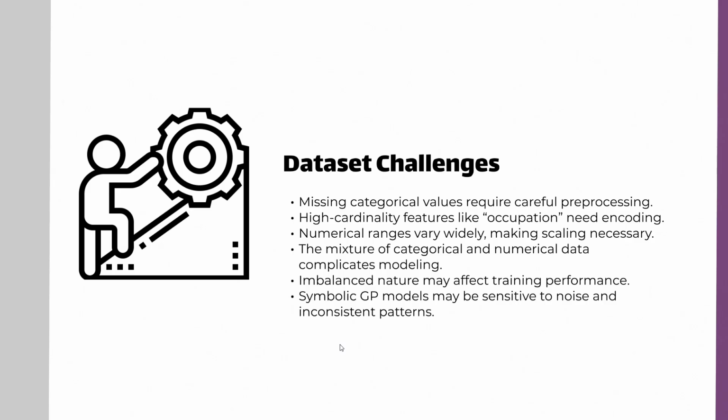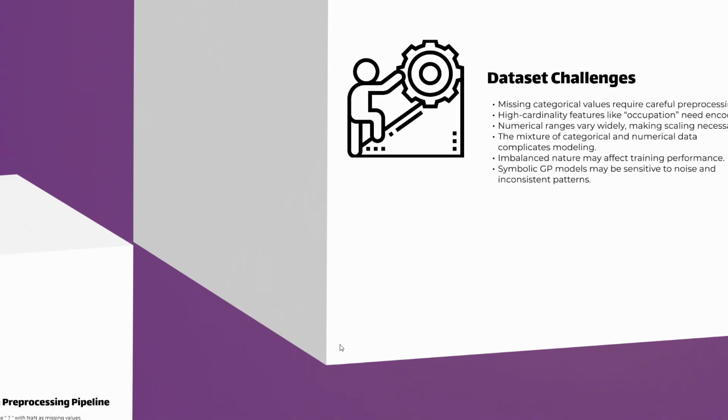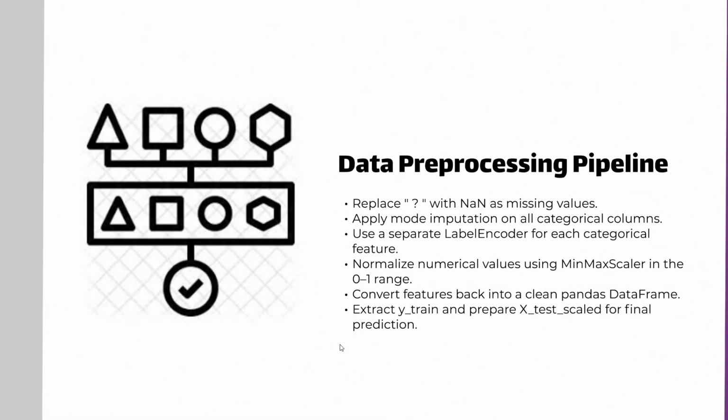Now let's discuss the data preprocessing pipeline. To address these challenges, we built a structured preprocessing pipeline. We started by replacing the question mark with NaN so we could treat them as genuine missing values. Then, for every categorical column, we filled missing values using the most frequent category, or mode, which works well for discrete features.